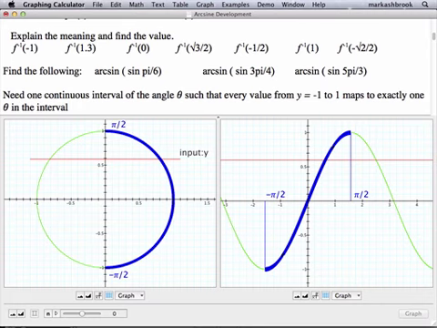That's negative pi over 3. Always. That's how arcsine is defined. That's standard.